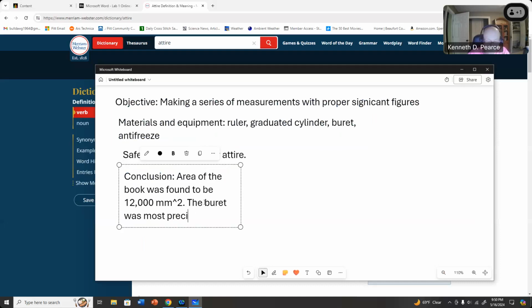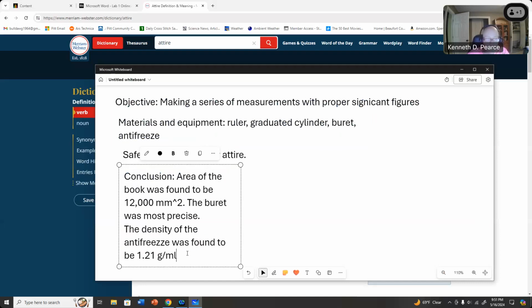Was most precise. And finally, we say, now we're going to measure the density of antifreeze at the very end, so we need to know the density of the antifreeze, and I'm just making up these numbers, was found to be, let's say, 1.21 grams per milliliter.